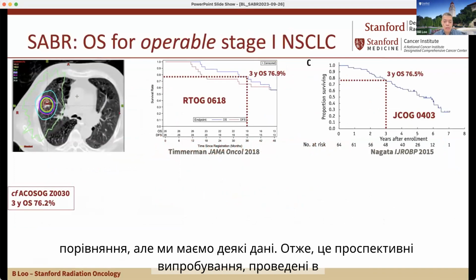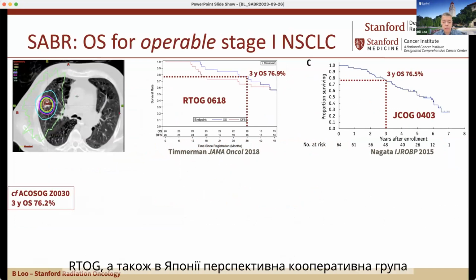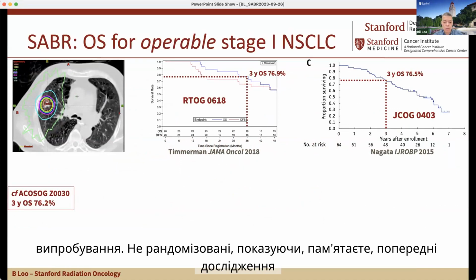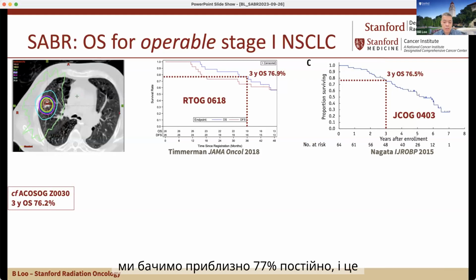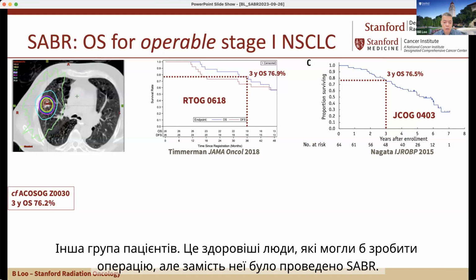So these are prospective trials done in the RTOG as well as in Japan, cooperative group prospective trials, not randomized, showing, remember the previous studies of SABR showed overall survival of about 60% at 3 years. Here we're seeing about 77% consistently, and this is a different patient population.